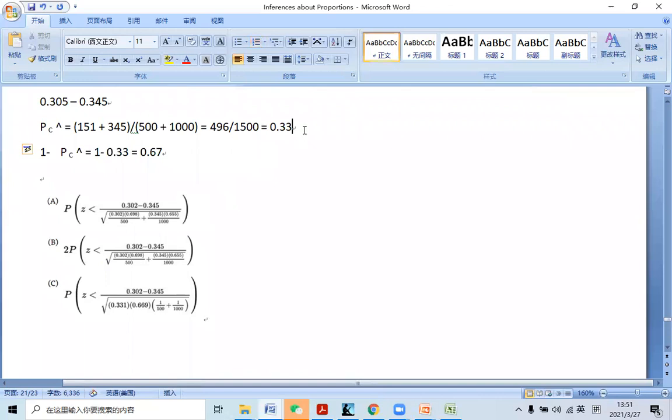Yeah, so you want 0.331, that's 3 decimal points. This term seems to be good.